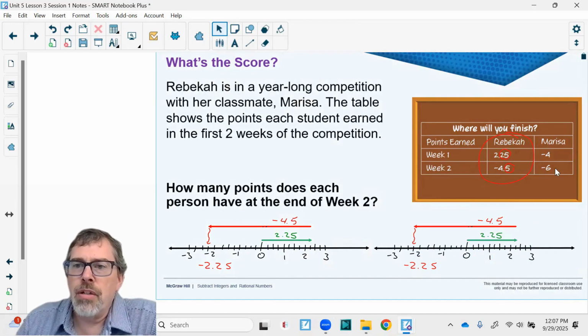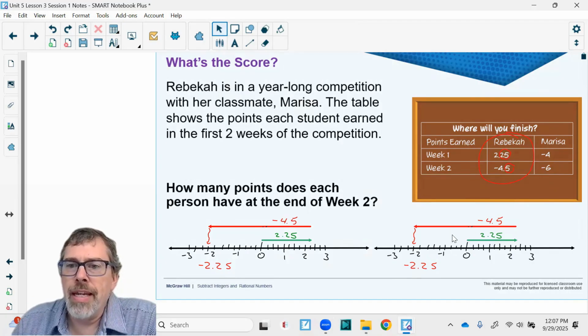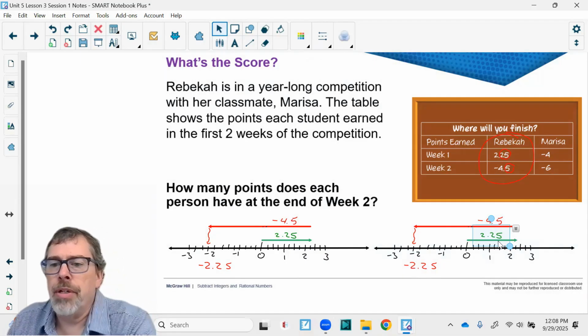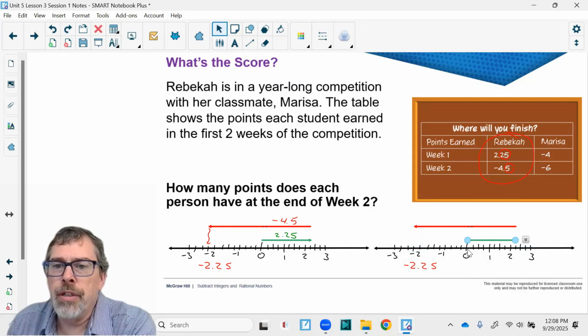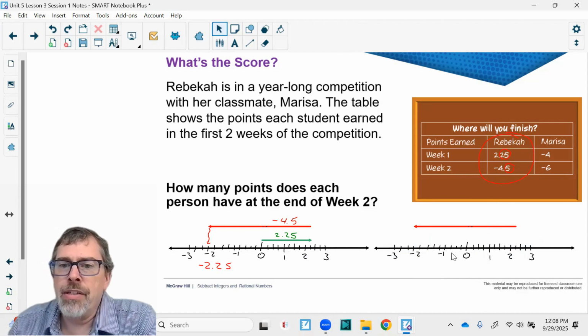Okay, these numbers are different though. The first number is -4. Okay, and the next number is -6. So maybe I can't use this at all. I'm going to get rid of everything here. Okay, and we're starting at 0. So actually, I want my number line to start at 0.